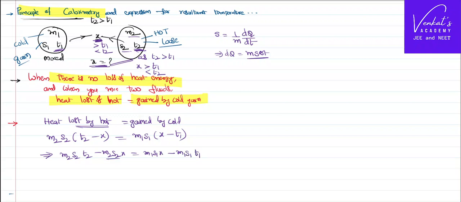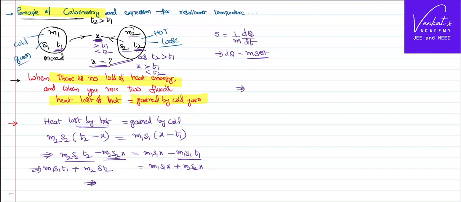Take this X term to the other side. m1 s1 X, this minus on the other side becomes plus, m2 s2 X equals, get this T1 term to this side, that becomes a plus, m1 s1 T1, and this is also plus m2 s2 T2.